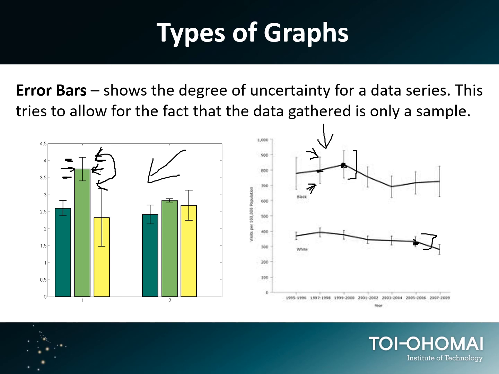Okay, so very important, and at a glance I can tell that in this data set, most of the individuals were very similar to each other, and in this data set most of the individuals had a lot more variability, and that's important for making conclusions and having confidence in what our predictions are based on our data.